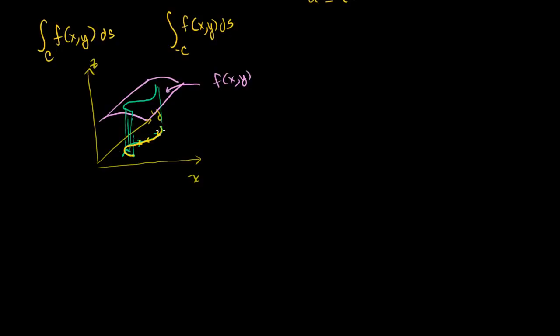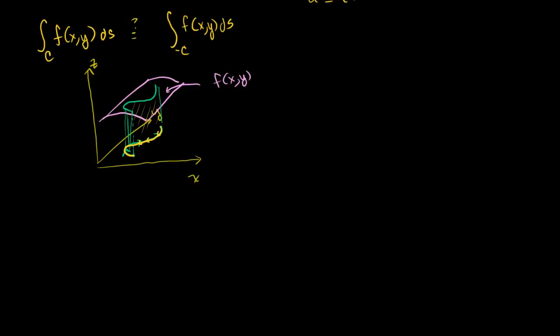So it seems in either case, no matter what I'm doing, I'm going to try to figure out the area of this curved piece of paper. So my intuition tells me that either of these are going to give me the answer, the area of this curved piece of paper. So maybe they should be equal to each other. I haven't proved anything very rigorously yet, but it seems that they should be equal to each other, right?